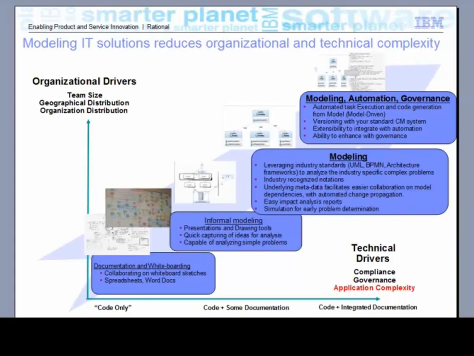That can then translate into the usage of modeling tools where you can use more industry standard types of patterns like UML, Unified Modeling Language, or other similar notational standards to capture that information in a standard way, improve the communication, and then use tools to capture and store that information for future use.